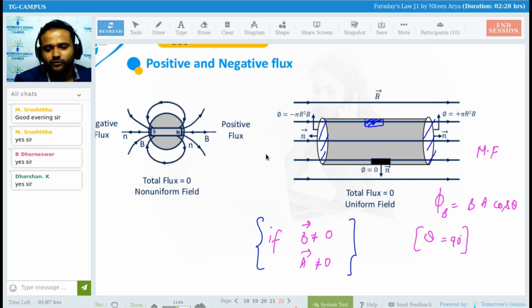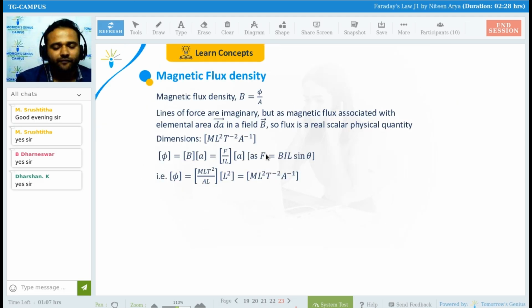Clear, beta? Good. So magnetic flux density is magnetic flux per unit area. Magnetic flux density is B. Lines of force are imaginary, but the magnetic flux associated with an element area dA in magnetic field B is a real scalar physical quantity.